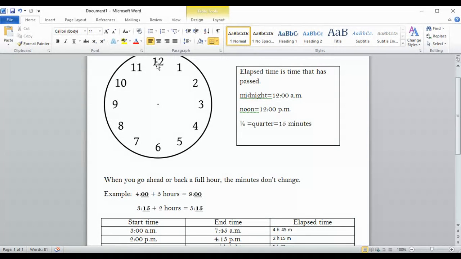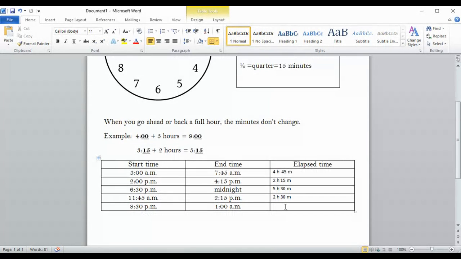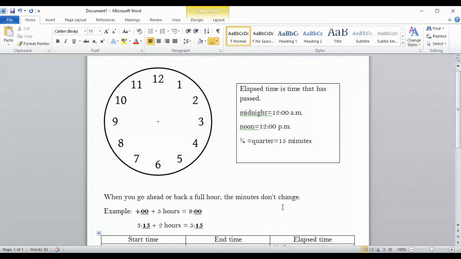So from 8:30 to 12:30 is 1, 2, 3, 4 hours. And now I'm at 12:30. I'm going to write down my 4 hours while it's fresh in my head. I'm going to say now I'm at 12:30, which would mean my minute hand points to the 6. I want to go from 12:30 to 1 o'clock. 1 o'clock would put the minute hand on the 12.